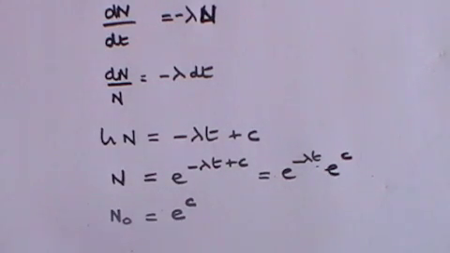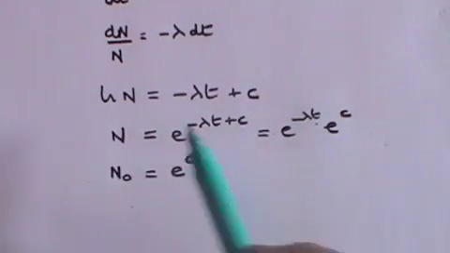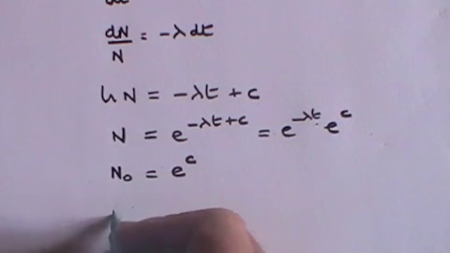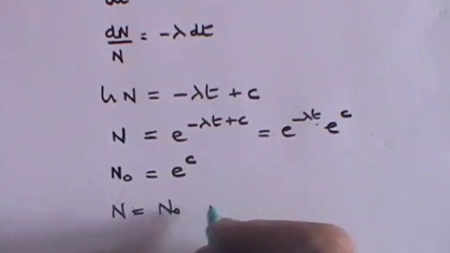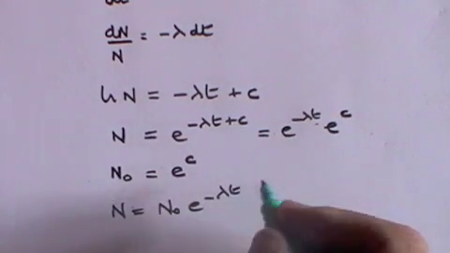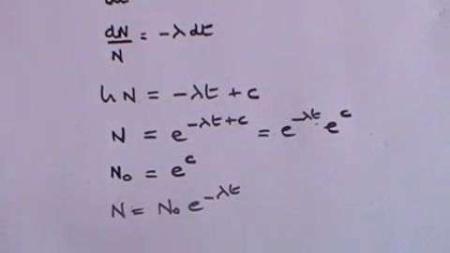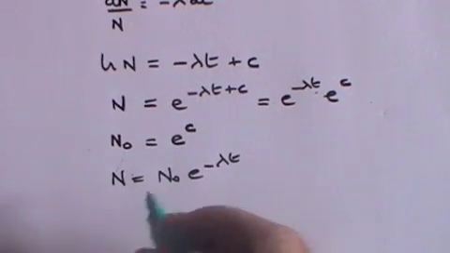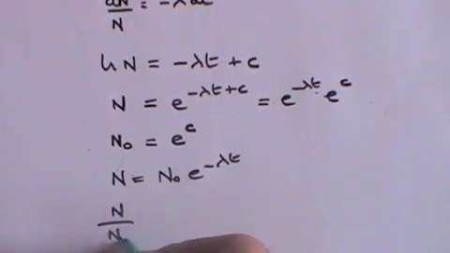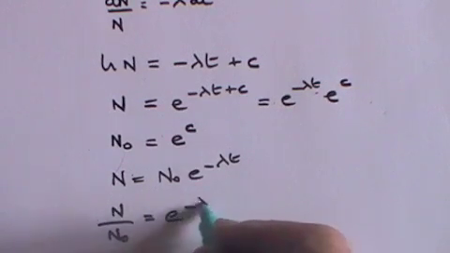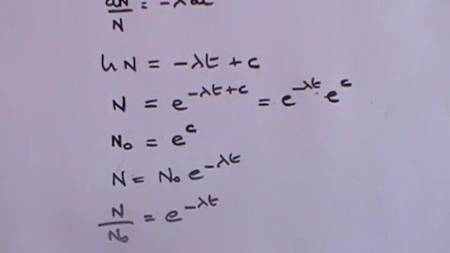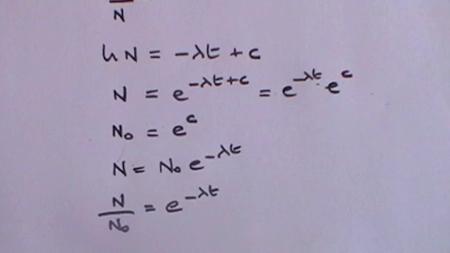So now we know what N naught is. It's e to the c. So we can now rewrite this equation as N is equal to N naught e to the minus lambda t. And if you divide both sides by N naught, you get N over N naught is equal to e to the minus lambda t.